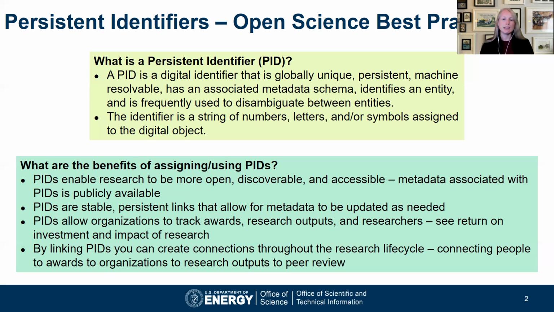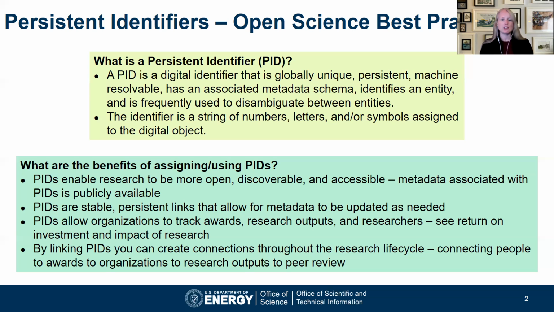And the metadata or information that is describing those research aspects is publicly accessible and available. So the information describing a research output, for example, needs to be publicly available. Persistent identifiers are also stable, persistent links that allow for metadata to be updated as needed without actually changing the higher level persistent identifier.